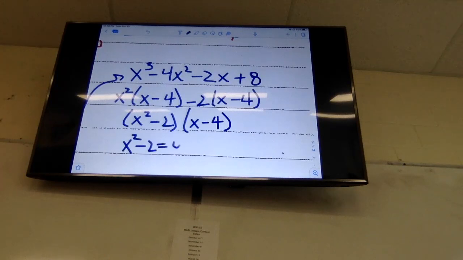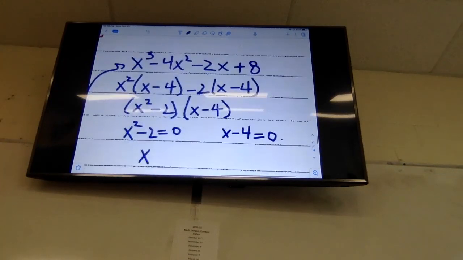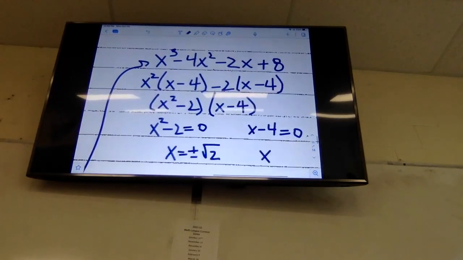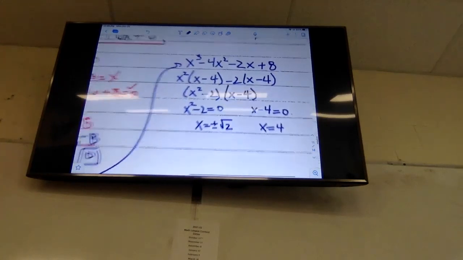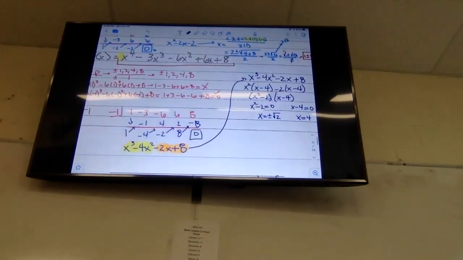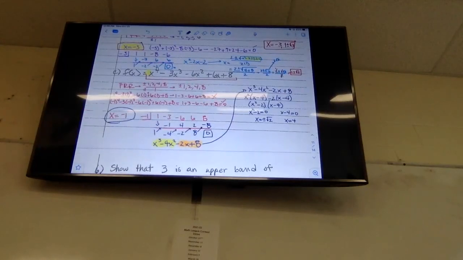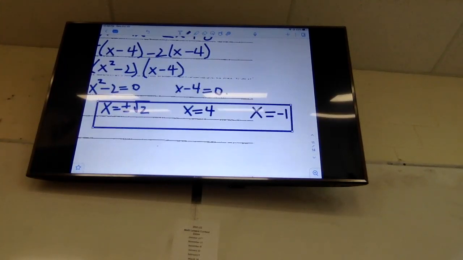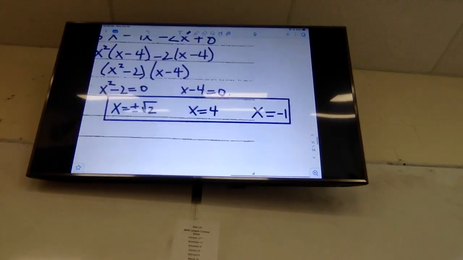And those will be my final zeros. And then the only other thing is I need to remember x equals -1. That was one of my zeros from a long time ago. So I'm going to bring that over here with all the rest of my zeros. So I got 2 from factoring, 1 from possible rational roots.